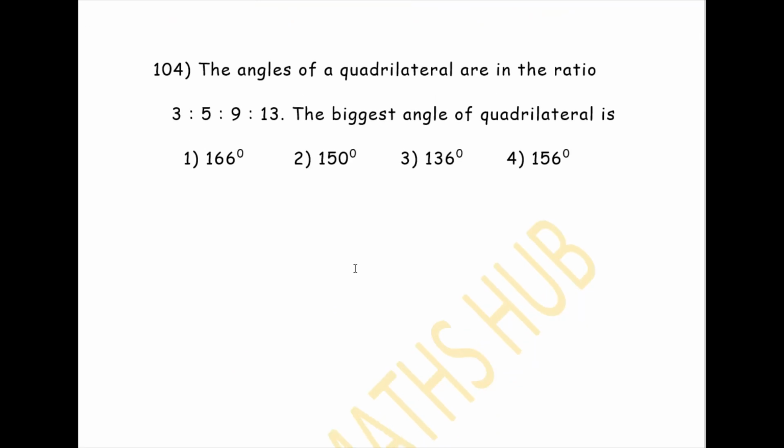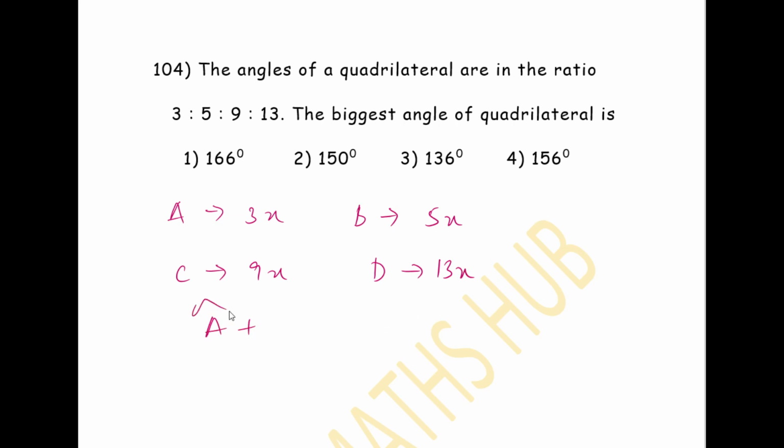Now moving to next question. The angles of a quadrilateral are in the ratio 3:5:9:13. The biggest angle of the quadrilateral is. Therefore, consider angle A as 3x, angle B as 5x, angle C as 9x, and angle D as 13x. Let angle D be the biggest angle.